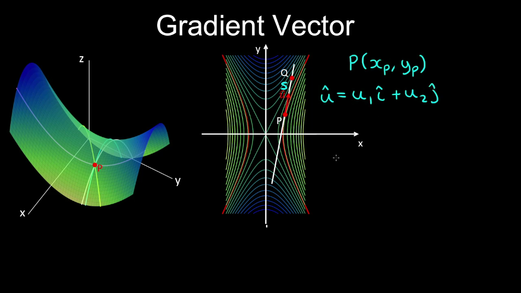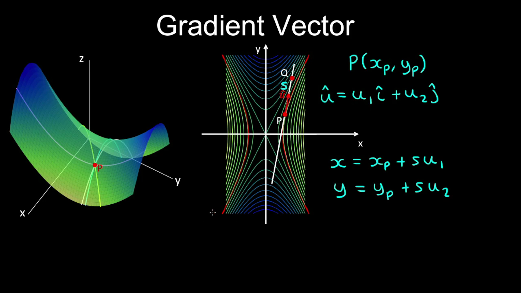So the equations parameterizing this line have the x coordinate of a point on the line given by the x coordinate of the base point plus the arc length parameter times the x component of the direction vector, and we had the y coordinate as yp plus s times u2.